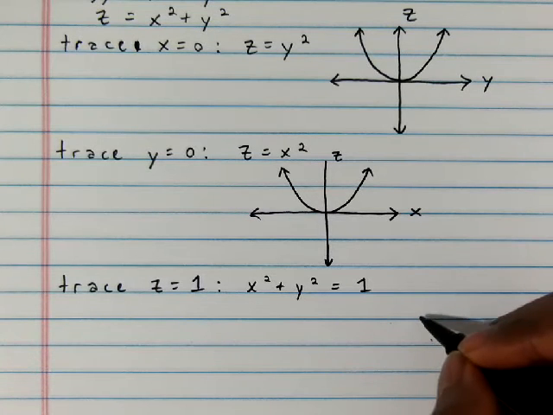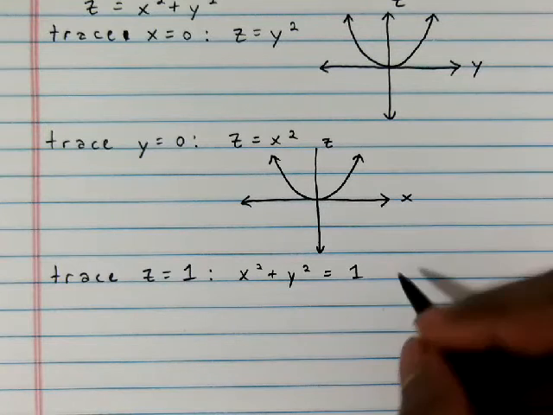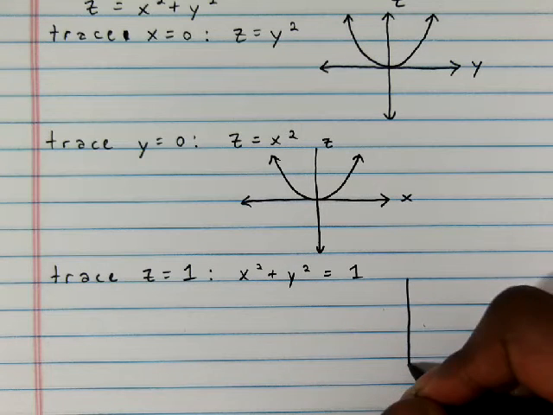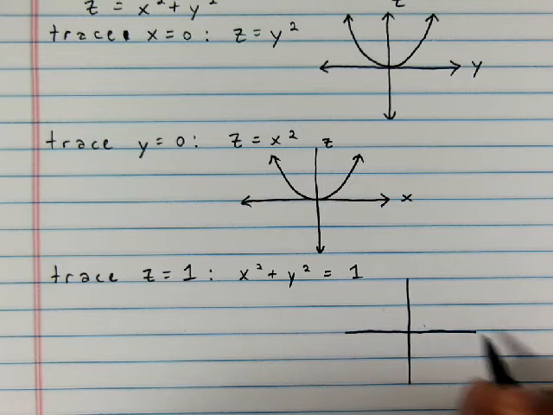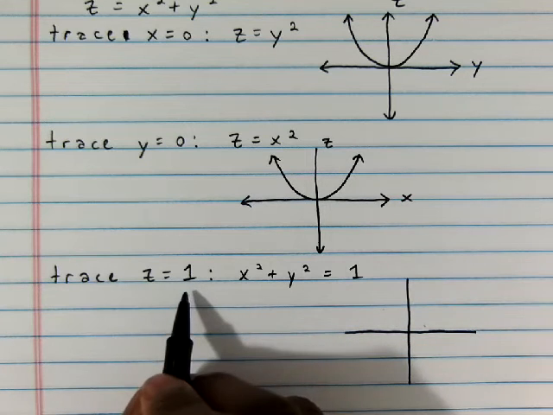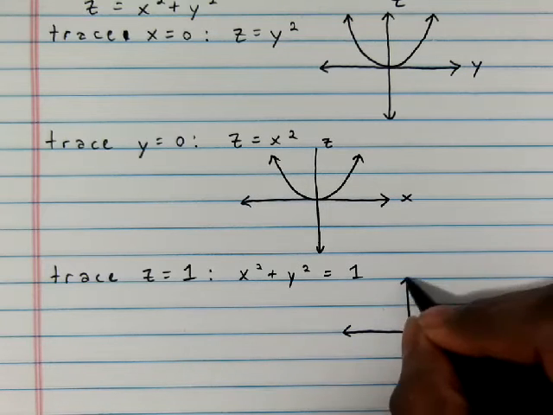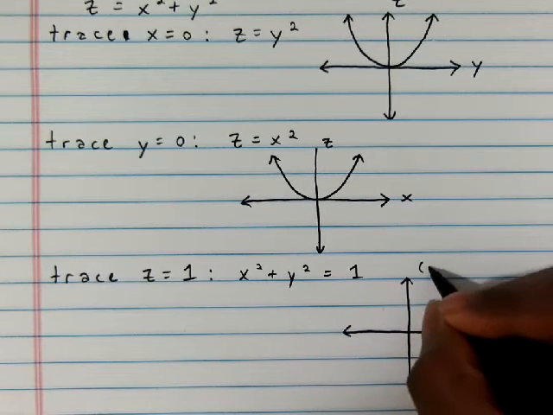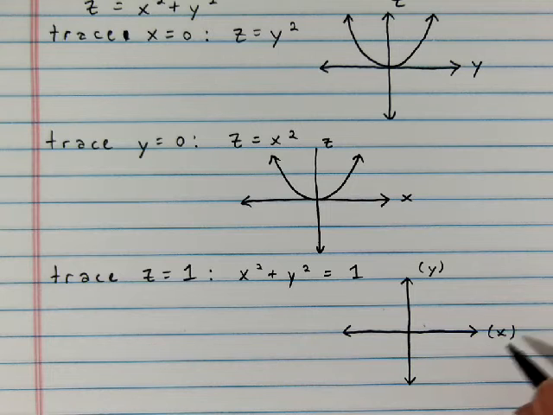So what I'll do, because we're not in the xy plane, I'm going to sketch it. Well, this specifies we're in the plane z equals 1, so I don't need to specify that again, but I'll put parentheses around the x and the y, since they're not actually the x-axis and the y-axis.